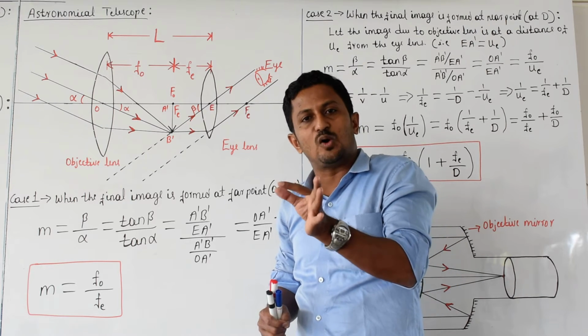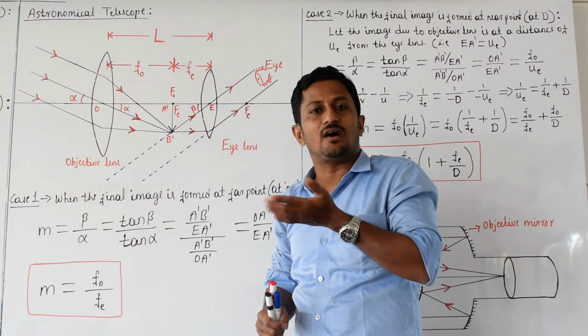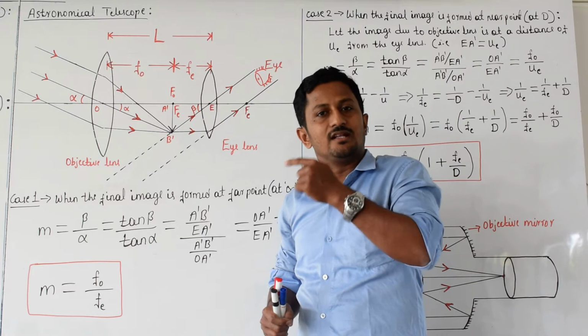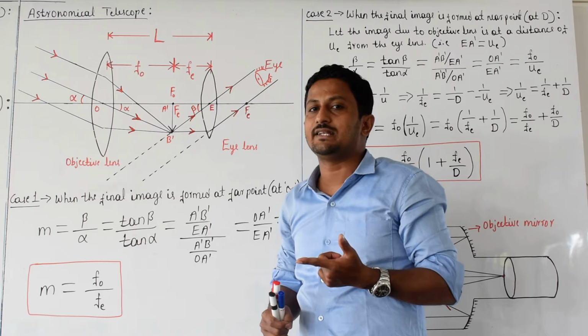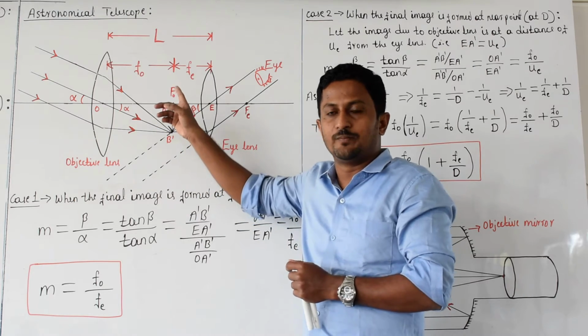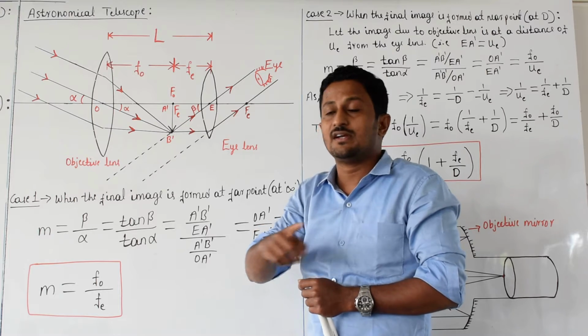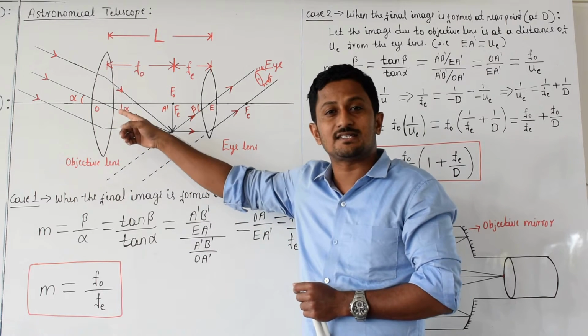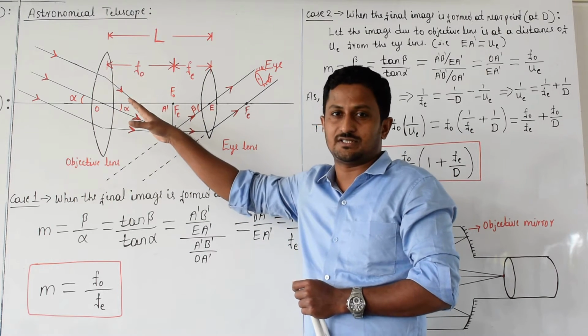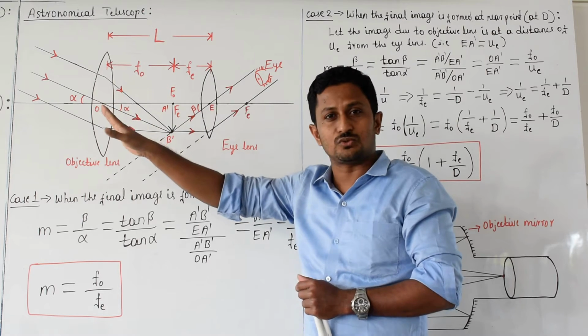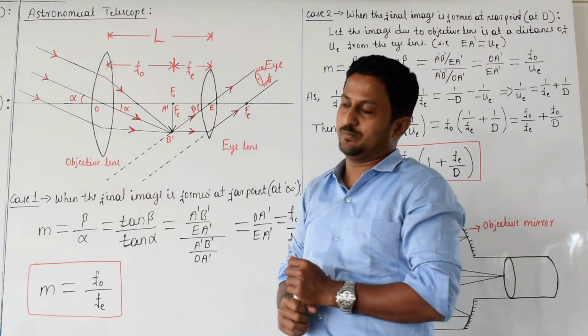I mean the small lens is towards our eye. That lens we call the eye lens. Here in the telescope, the eye lens has a smaller aperture and the objective lens has a greater aperture, exactly reverse to the compound microscope.